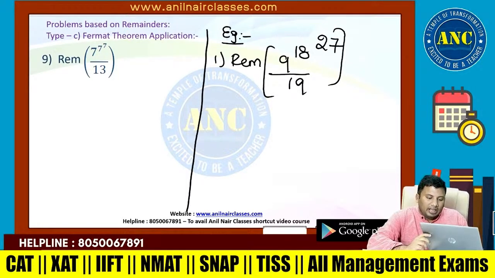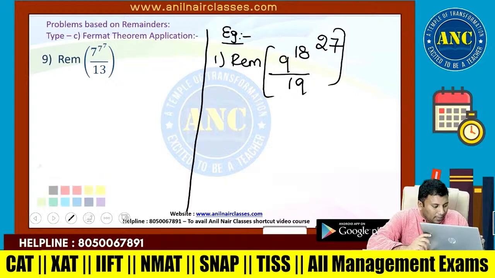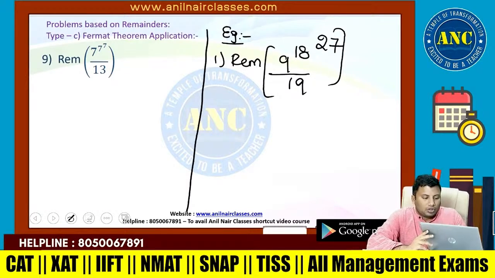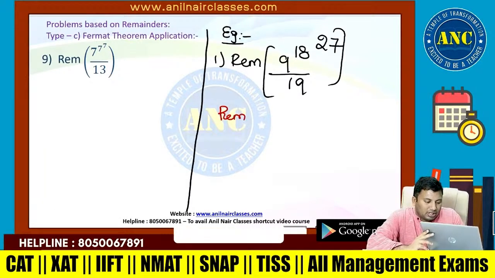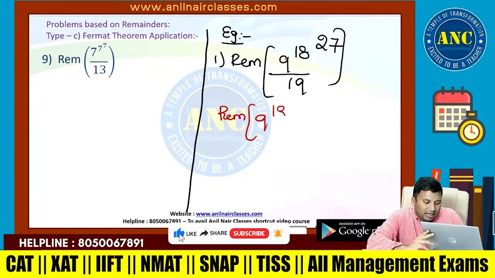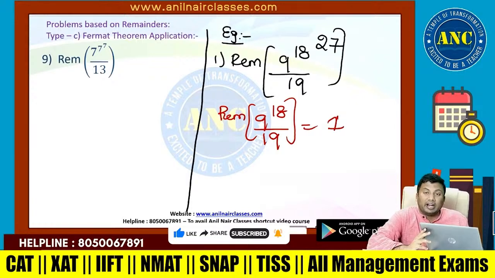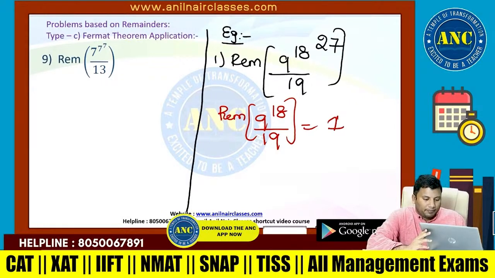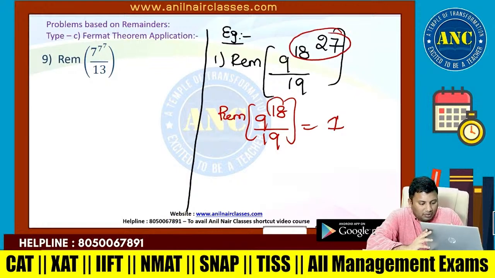Now see here. According to Fermat's theorem, 9 power 18 divided by 19 is 1. A power p minus 1 when divided by p is 1. So for 9 power 18, check this number with this number.